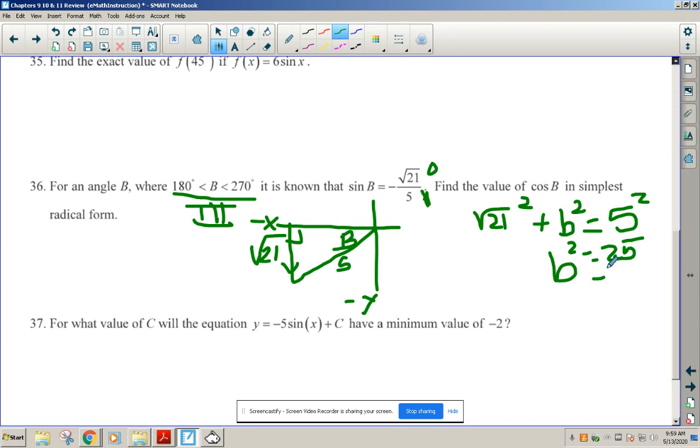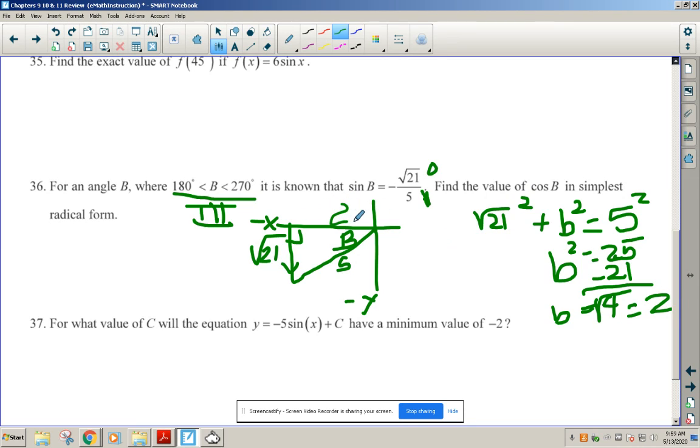So I'm going to subtract the 21 from the 25. And my base squared is going to be 4. But if my base squared is 4 and I want the base, I have to take the square root, and that's going to give me a base of 2.